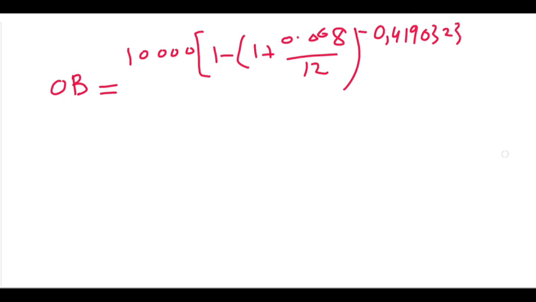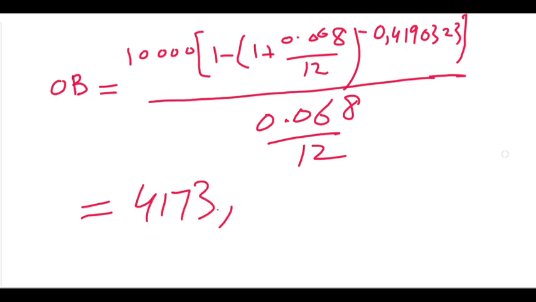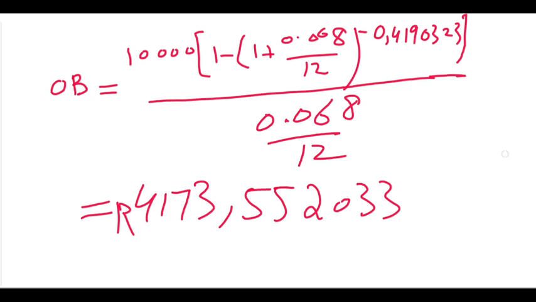Must use the complete one. Over 0.068 over 12. Now I use my calculator one time, I get the answer 4173.552033. So this is my outstanding balance.